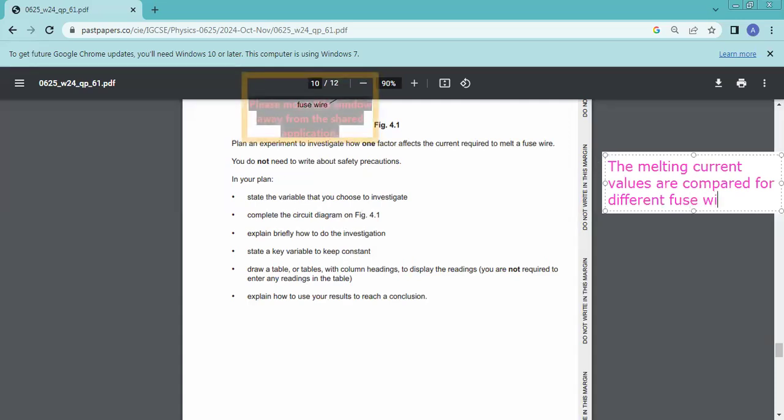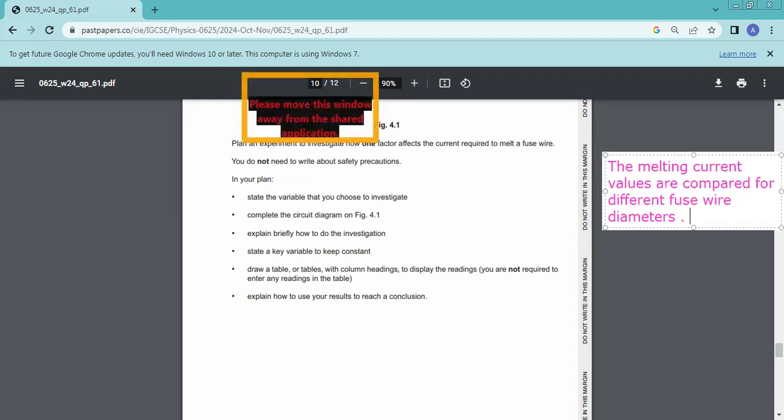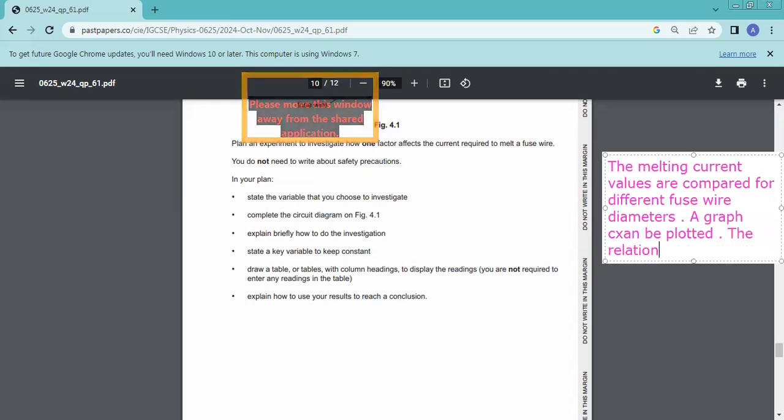A graph of melting current against diameter can be plotted, and the relationship between them can be analyzed.